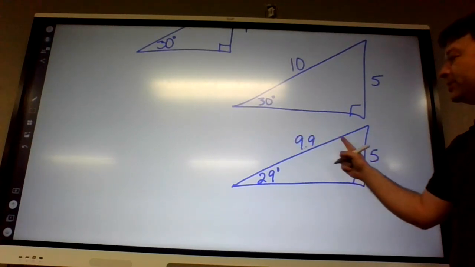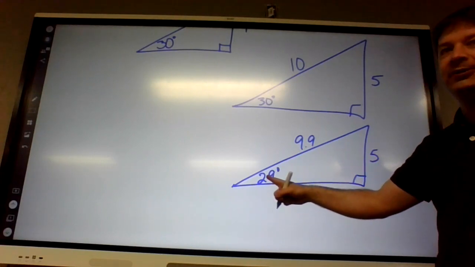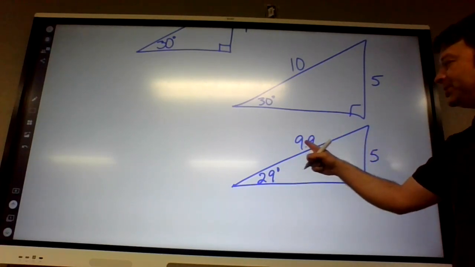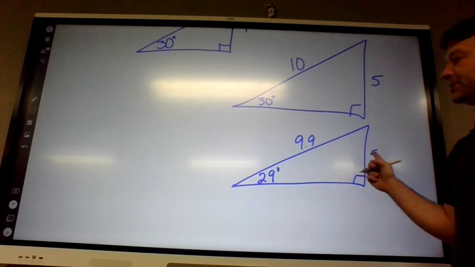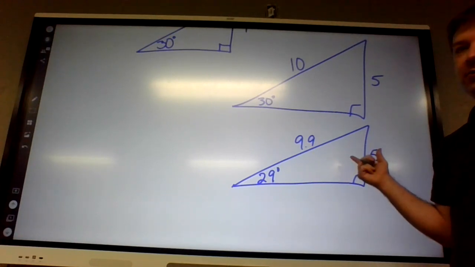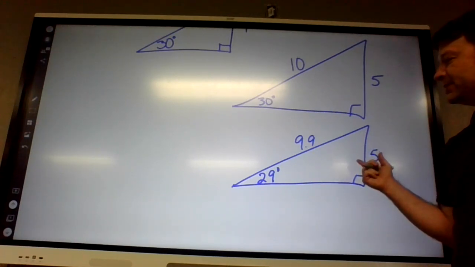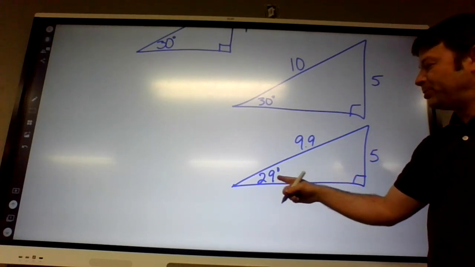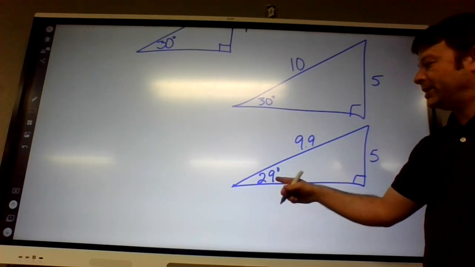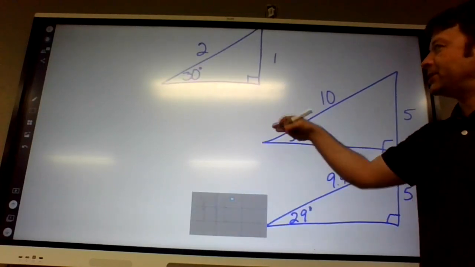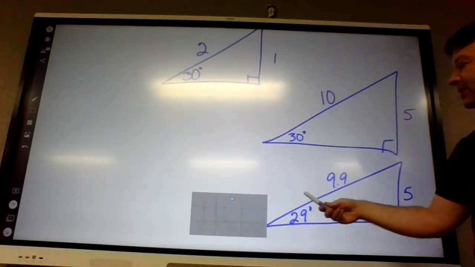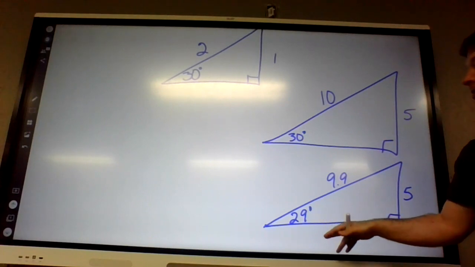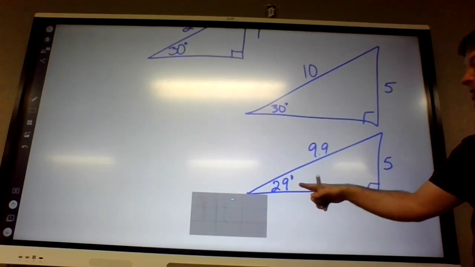But the point is, if you know this angle, the ratio of these two sides can be known. Does that make sense? The problem is you can put any weird little angle right here. If it's 30, it comes out nice and perfect. But if it's anything other than 30, it pretty much is always something weird.